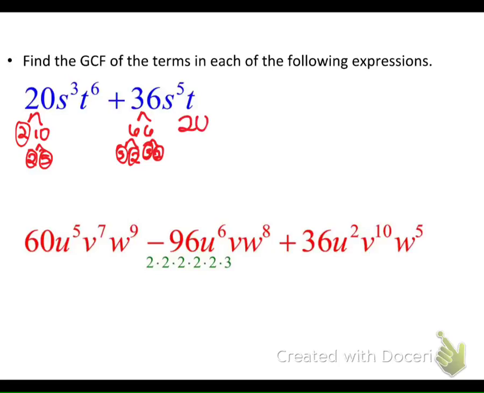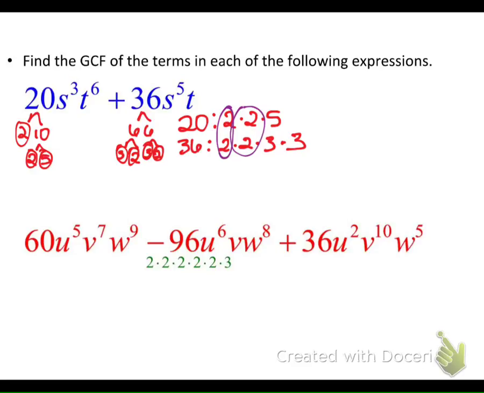I'm going to go ahead and write these out. So for 20, I have 2 times 2 times 5. For 36, I have 2 times 2 times 3 times 3. Numbers that both of those have in common. 2 and 2. Elizabeth, we kind of just shout out in this class.